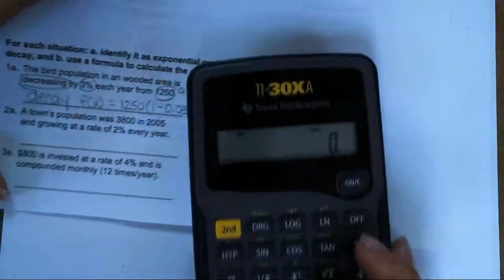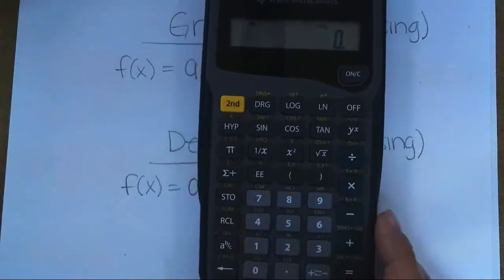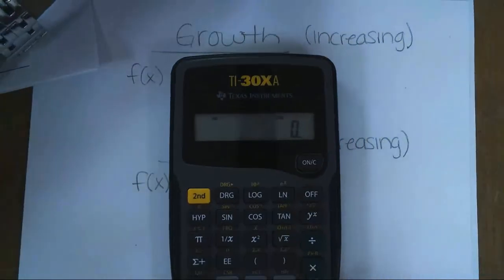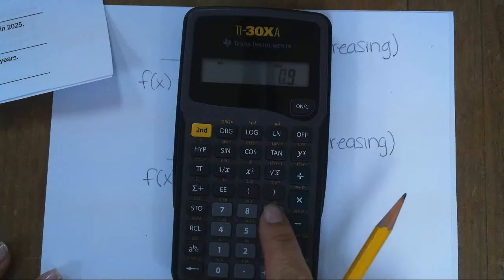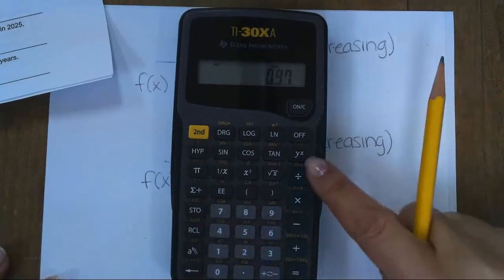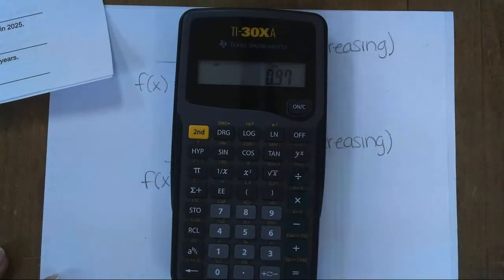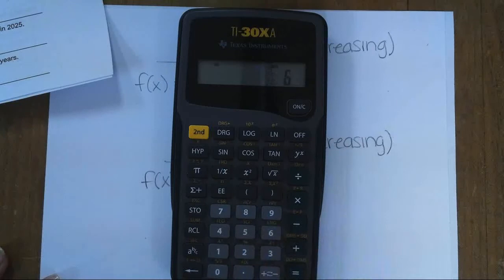So let me show you my calculator. Okay, so I'm a little bit too zoomed in here. Let me zoom out a little bit. Okay, so in my calculator, I'm going to do 0.97, and then I'm going to use this function here, the y to the x. In some calculators, it's x to the y. So I'm going to use that one, and then I'm going to do to the 6th power because it's 6 years.